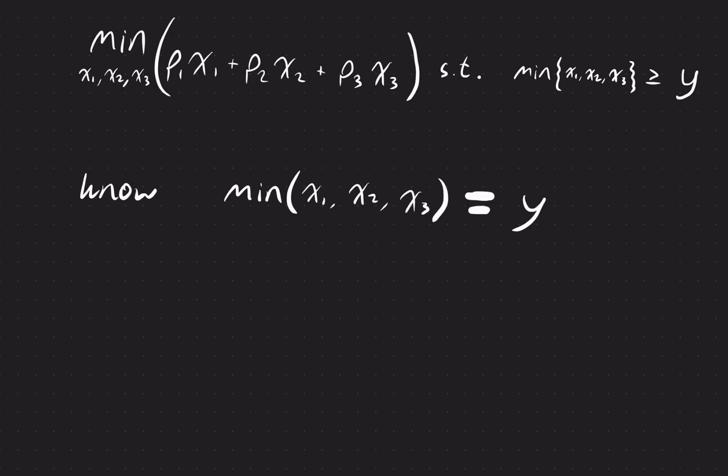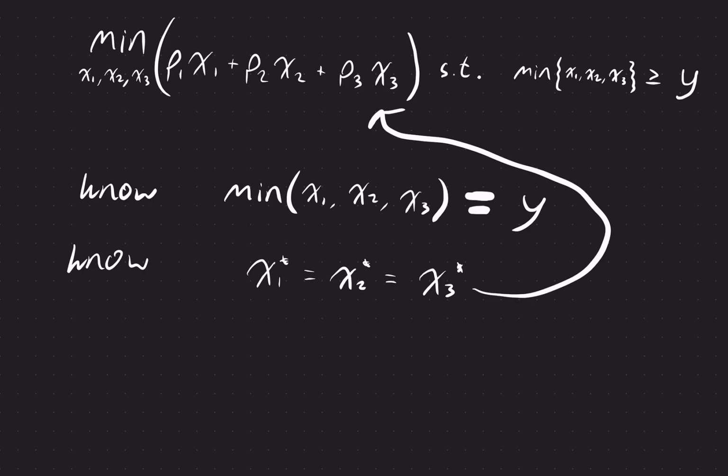But also, it doesn't make sense to use, say, 3, 2, and 2, because we're only going to get a value of 2 out. So we're going to want all of these to be equal to each other. So we know also x1 star is going to equal x2 star is going to equal x3 star. And so using that, you can put that in up here.